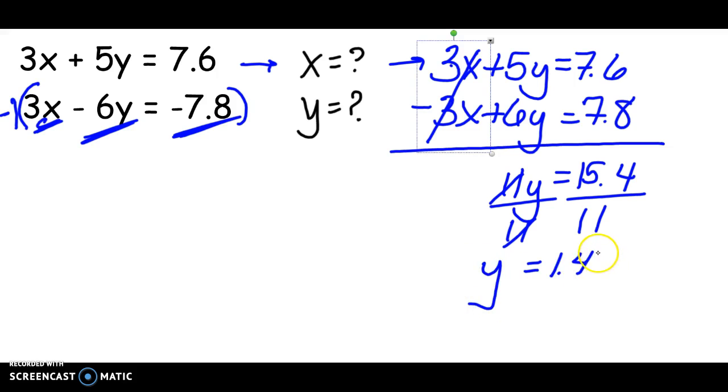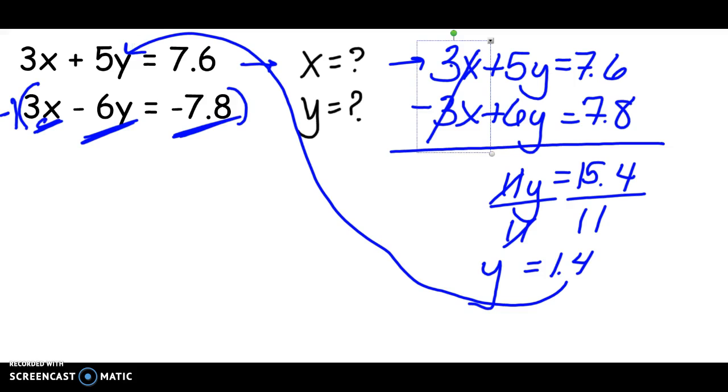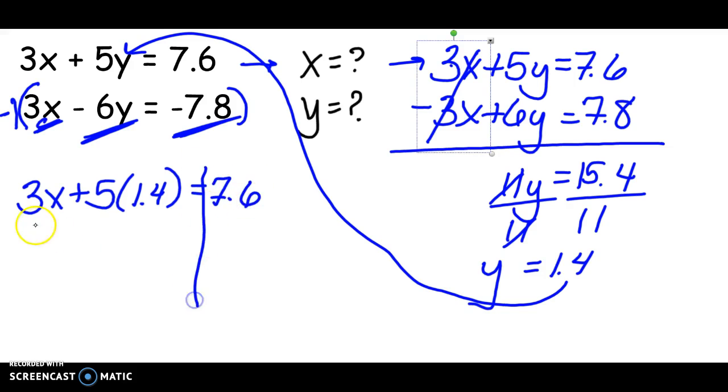Then you're going to take 1.4, plug it back in for y in one of your equations, and I always just do it to the first one. So I have 3x plus 5 times 1.4 equals 7.6. I'm going to solve that. I get 3x plus 7 equals 7.6.